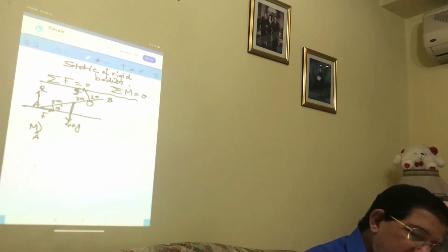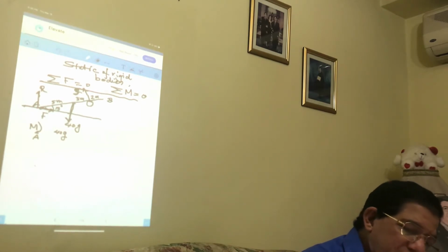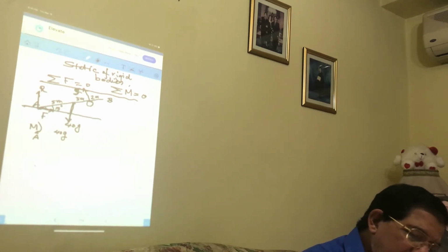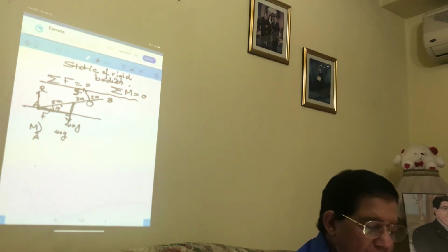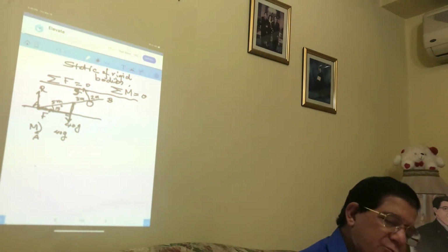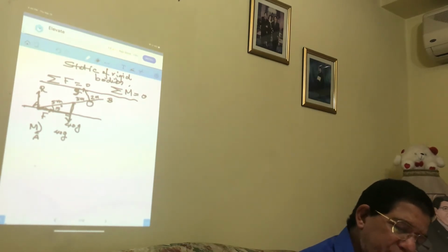Therefore, the weight 40g times its perpendicular distance from the place I take moments to the force. It is better to consider each force times the perpendicular distance rather than resolving the weight.